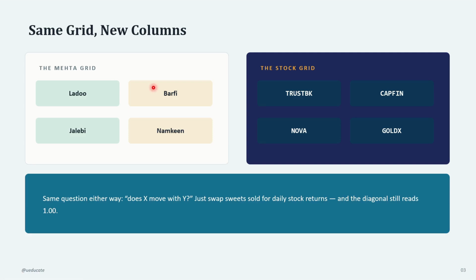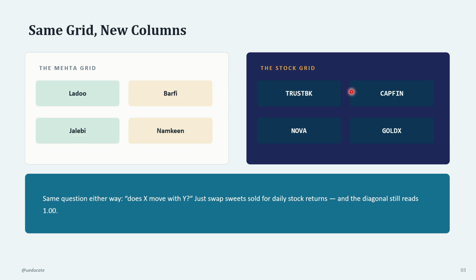In the last example, we took the Mehta grid, and now we will talk about the stock portfolio. Quick recap: in the Mehta grid, does product X move with product Y? Here, we are asking whether stock X's daily return moves with stock Y's daily return.